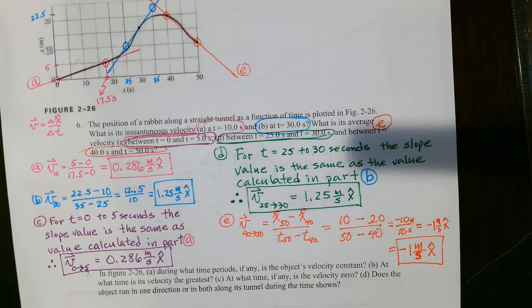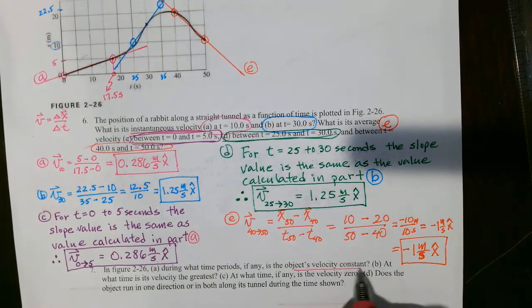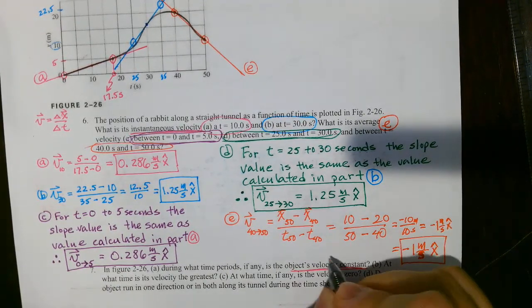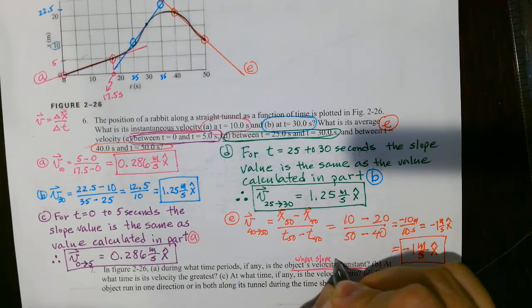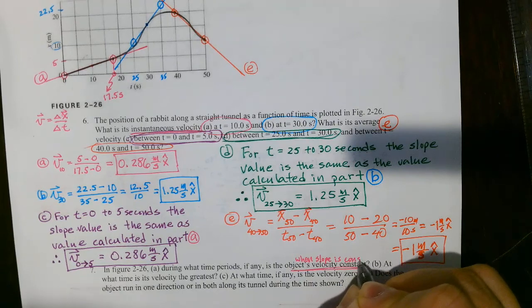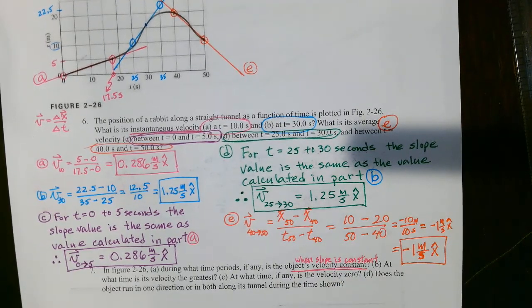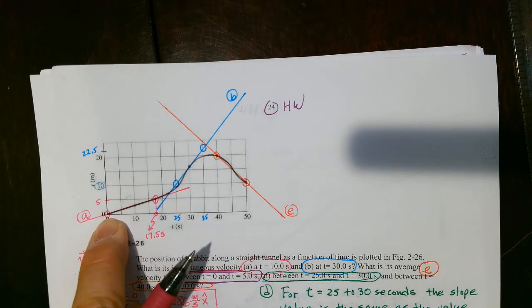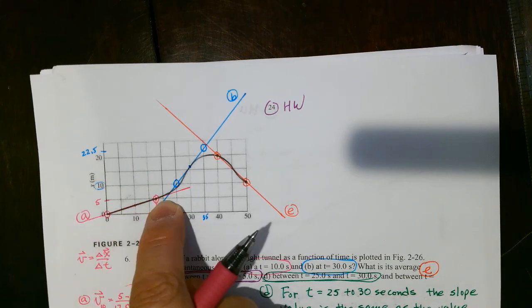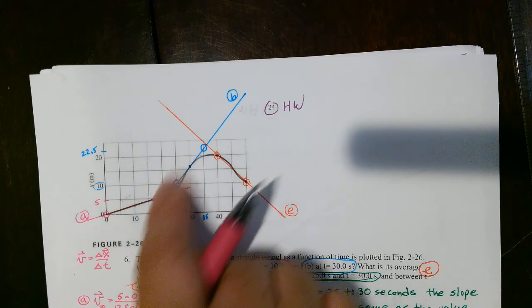Well, the object's velocity is constant when the slope is constant, right? So when does that happen? That looks like it only happens between 0 to 20 seconds. After that, your slope values are not constant. They're all over the place.